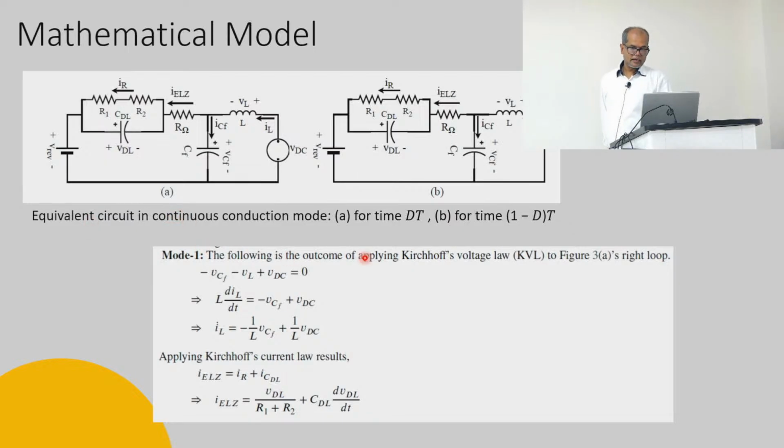But for other cases, for example, on the very right-hand side, if you consider this loop, we can easily apply KVL here. How many voltages do we have? This voltage and this voltage, right? 3 voltages. So using KVL, you can easily relate these 3 voltages.